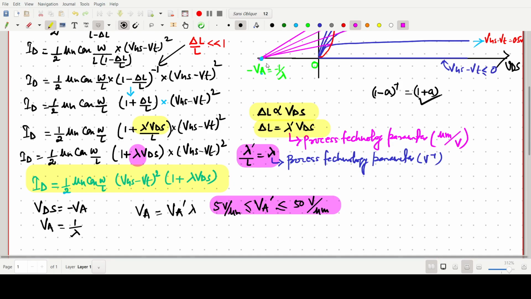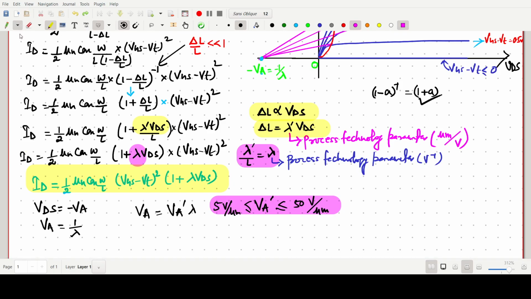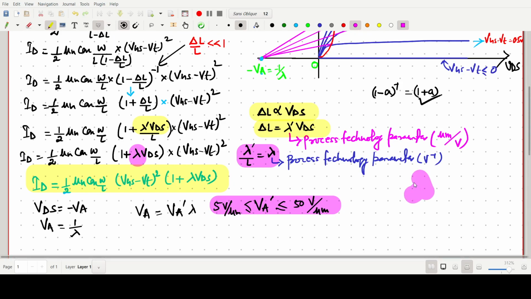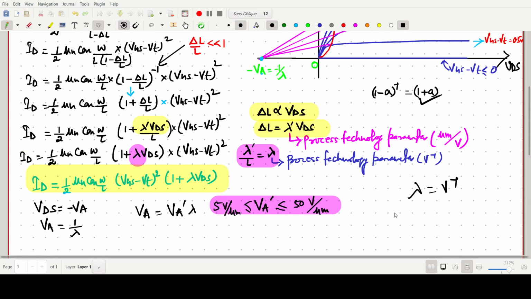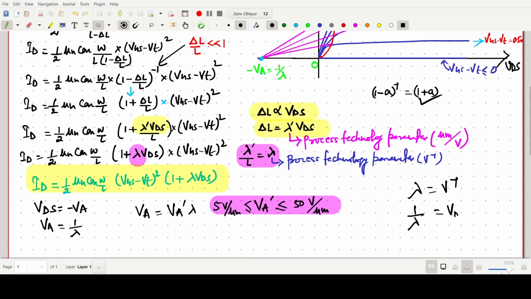Lambda has the unit volt inverse, so 1 by lambda is simply in units of volt.